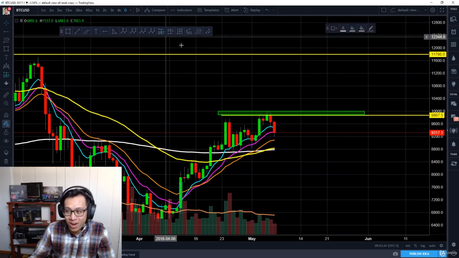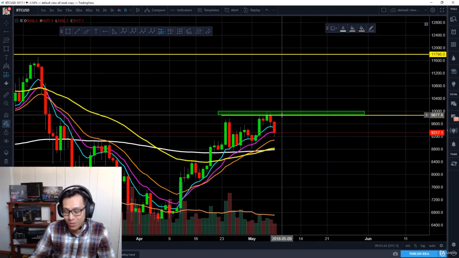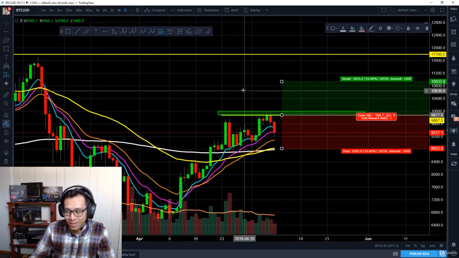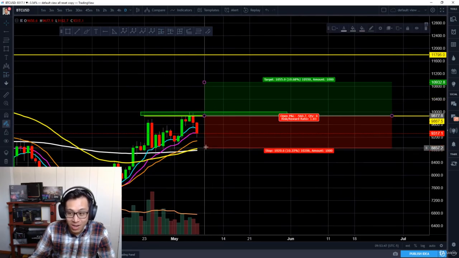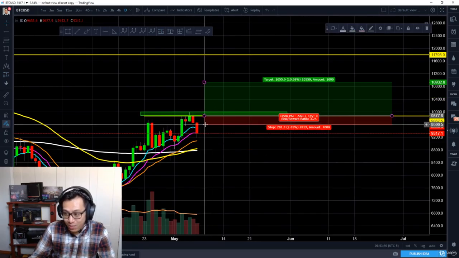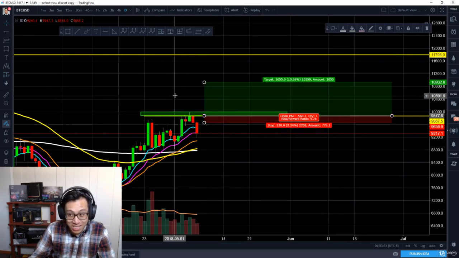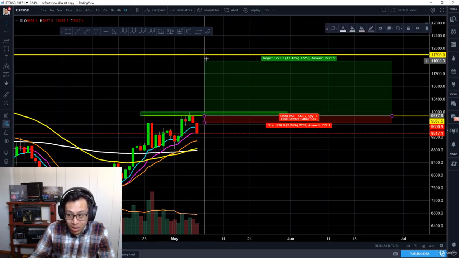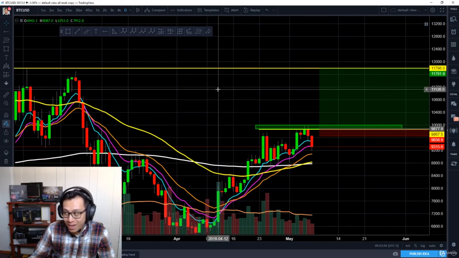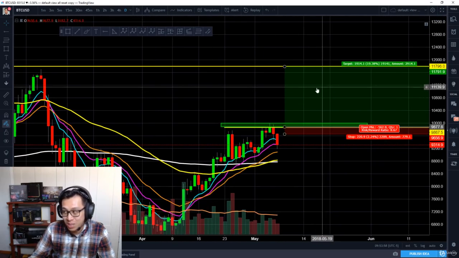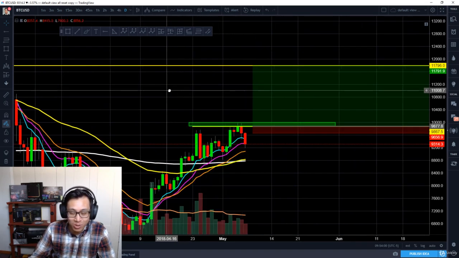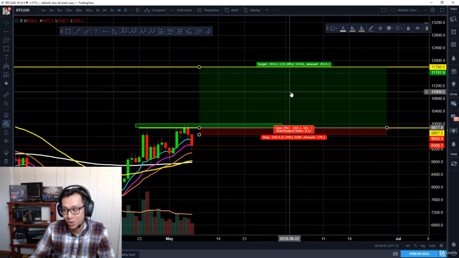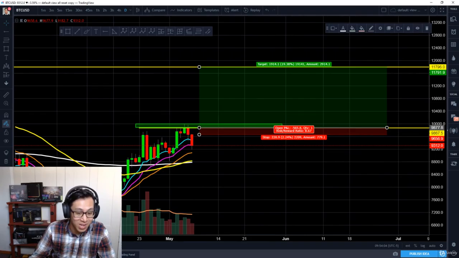So if we finally broke it, what would you guys do? Yeah, you'd enter a trade, you set your stop loss slightly below it, below the resistance, which now becomes a support, and you target the previous high, which was about $11,788. And that's a really good risk to reward ratio of 19.3.